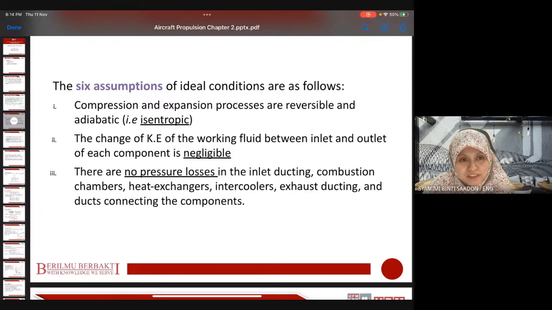If you didn't mention at the beginning, for example, that you consider the cycle isentropic, like the first one here, reversible adiabatic isentropic, then some of the equations of state or parameters that you apply may not be valid, except if the cycle is only reversible adiabatic isentropic, meaning the equation may only be valid for this isentropic process.